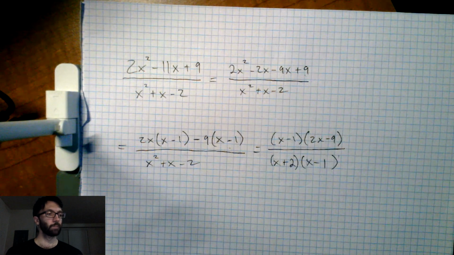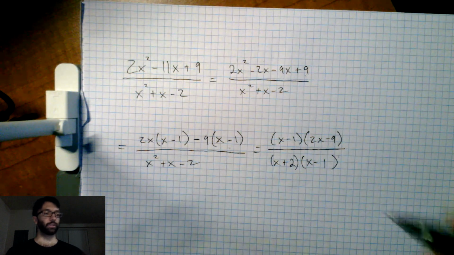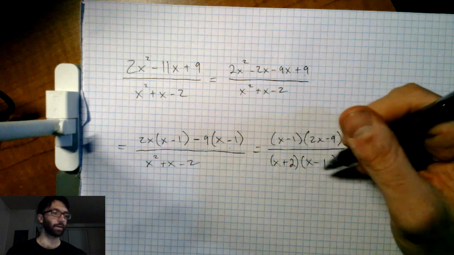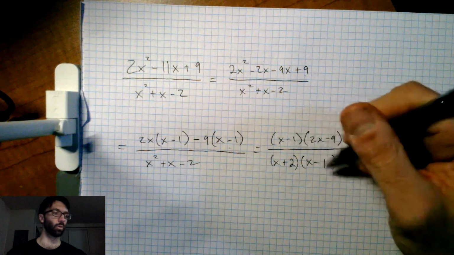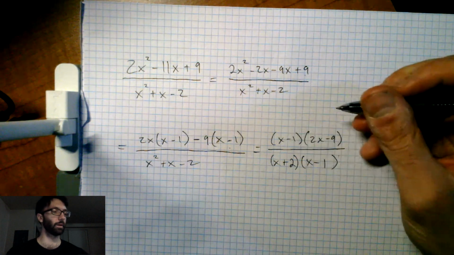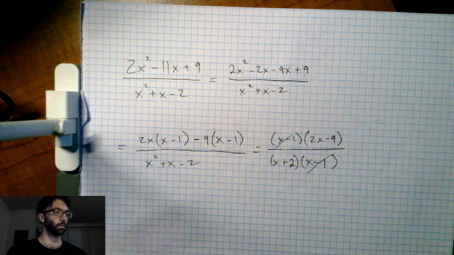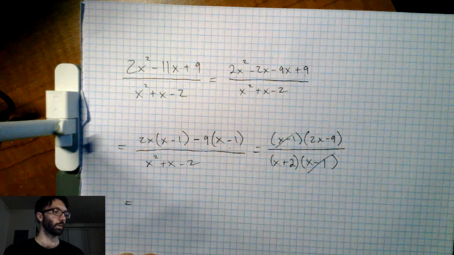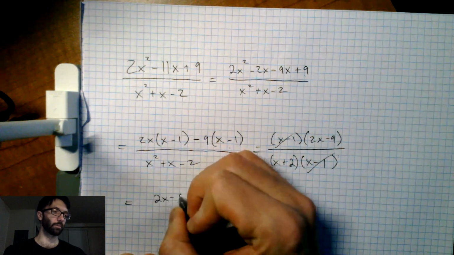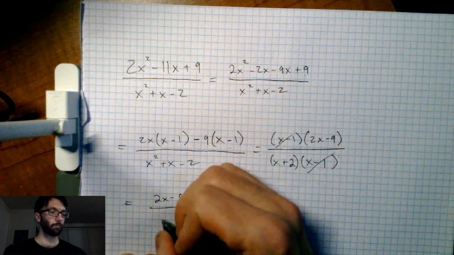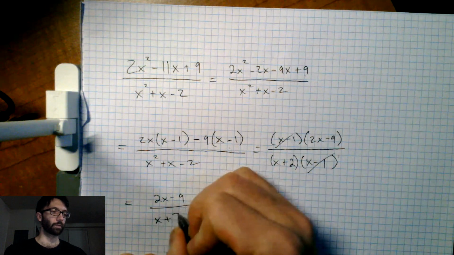All right. So now I see that I have a common factor here of x minus 1 between the numerator and denominator that I can cancel. And that's going to leave me with 2x minus 9 all over x plus 2.